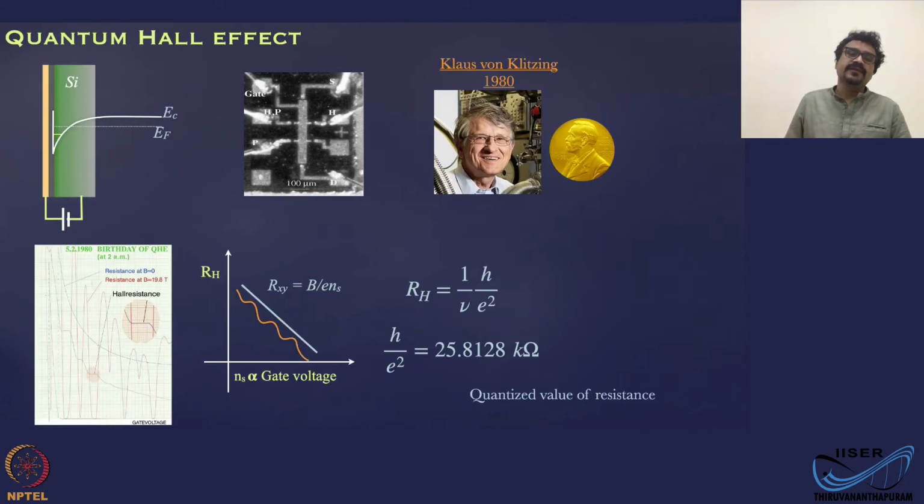Now, if you do the same Hall effect experiment in a clean two-dimensional system, and by clean I mean it has ample mean free path, so that the electrons undergoing the cyclotron motion can complete at least one full circle, then the clean two-dimensional system is going to reveal a slightly different Hall effect picture.